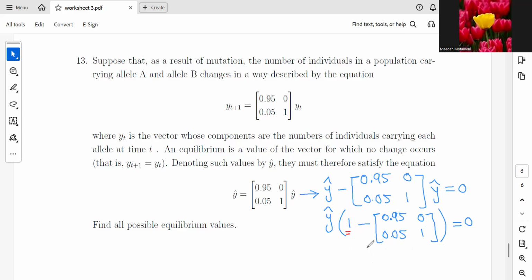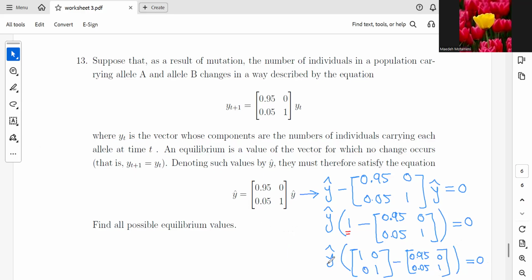So in order to cover this, we're going to write the one of the word of matrices, which is the identity matrix. Okay, so I would replace 1 with the matrix, which is of the same size of the other matrix that we have. Now it is correct. We can subtract two different matrices.